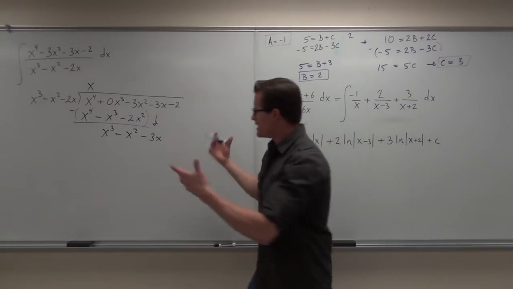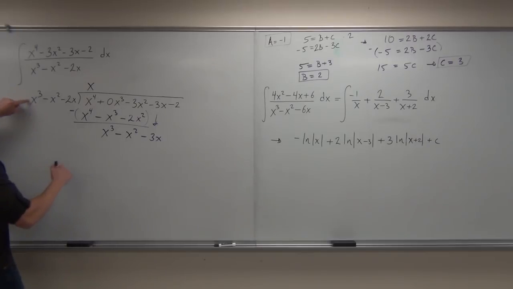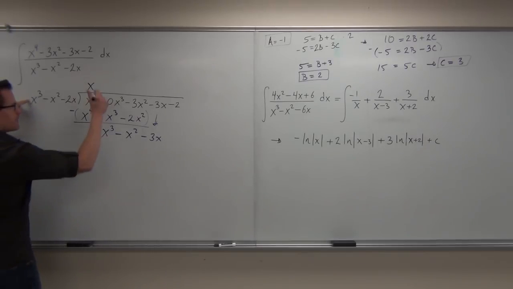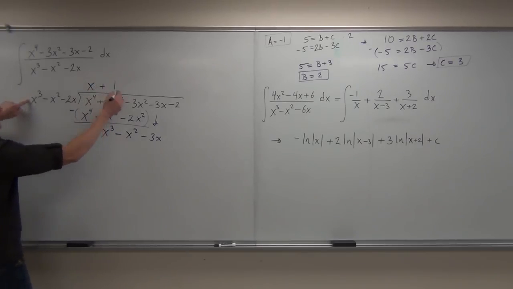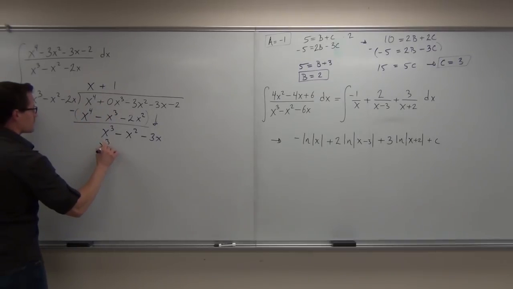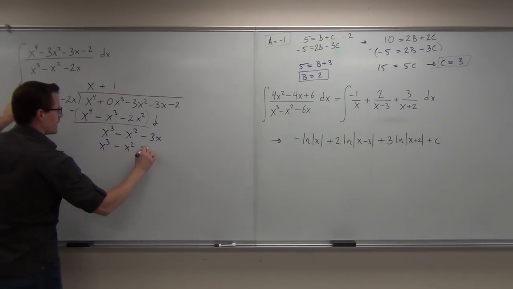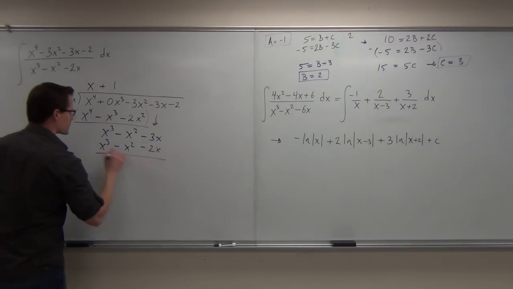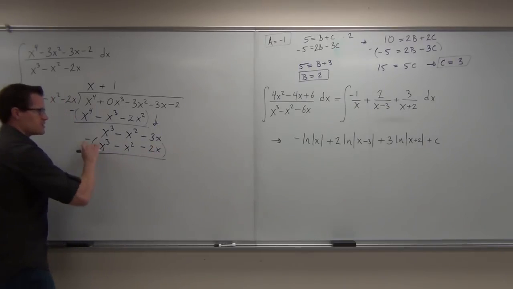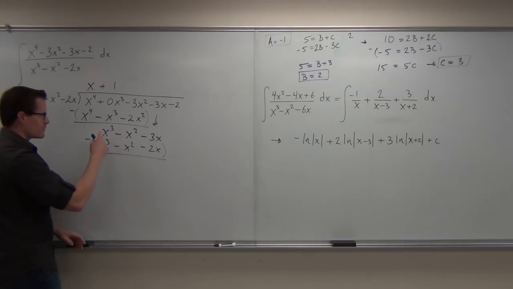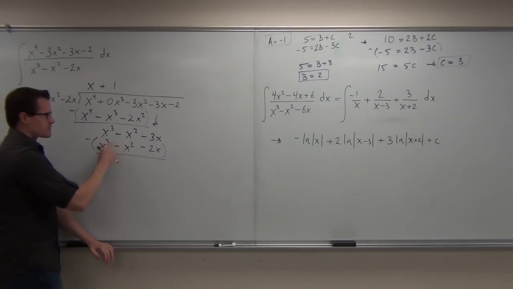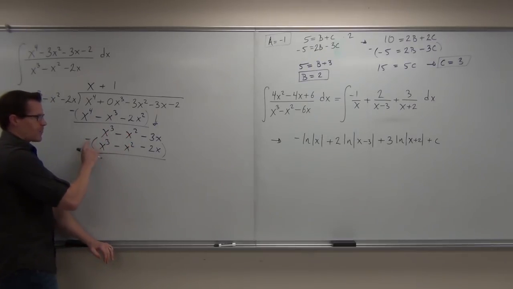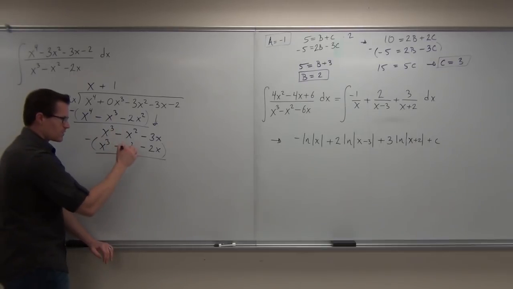Yes. Okay, and we start over. How many times does x to the third go into x to the third? 1. And it's positive 1, so we'll put plus 1. And then we distribute. We get x to the third minus x squared minus 2x. Again, we are subtracting. Again, we'll have parentheses. You either change signs or do it in your head. I do it in my head. X to the third minus x to the third is 0. Negative x squared plus x squared is 0.